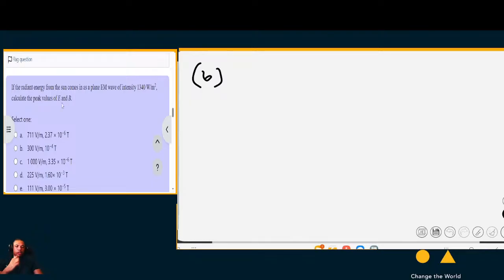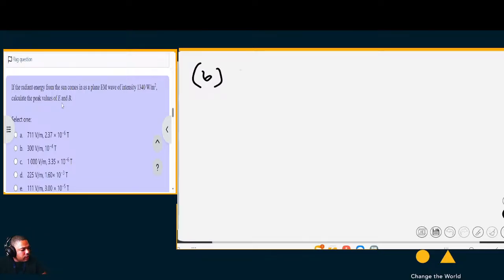Calculate the peak values of E and B. Now, peak values means the maximum. The electric peak is E max and the magnetic peak is B max.